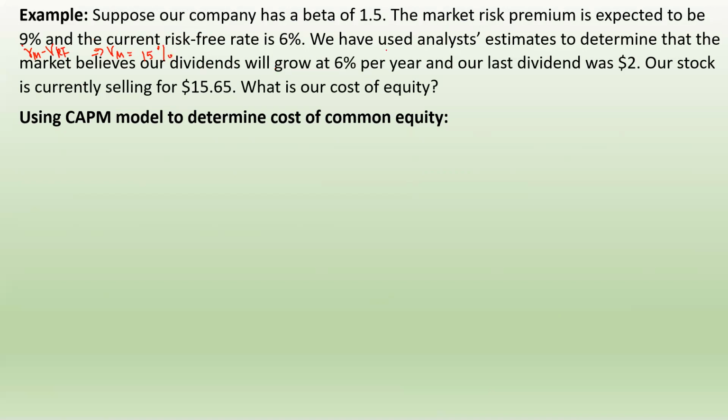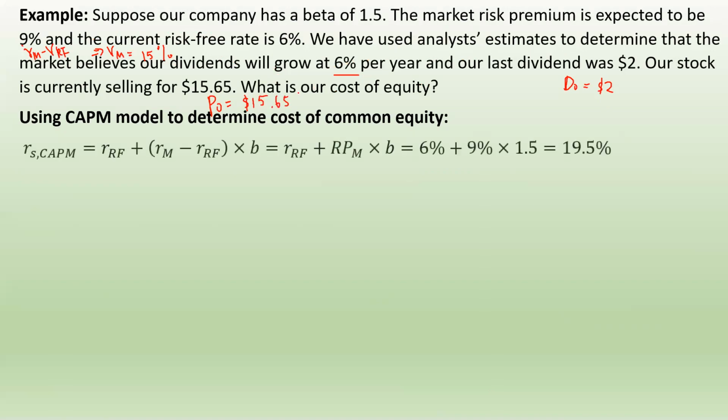We have used analyst estimates to determine that the market believes our dividend will grow at 6% per year, and our last dividend, which is D0, equals $2. And it gives you P0, that is the current price of the stock. What is our cost of capital? We can use two methods.